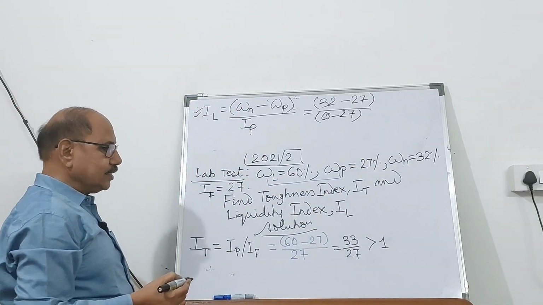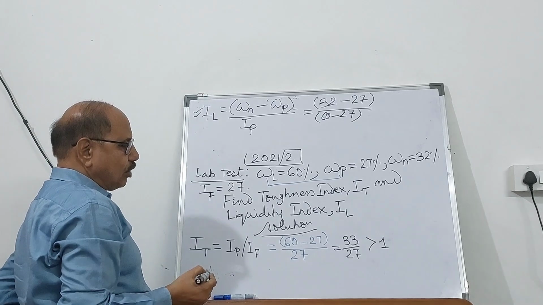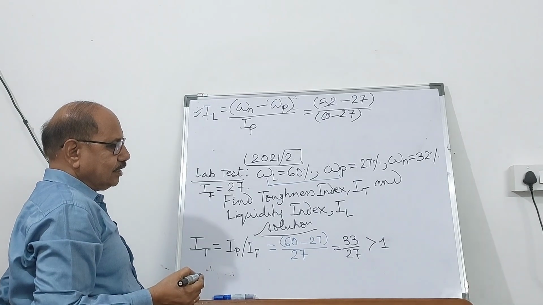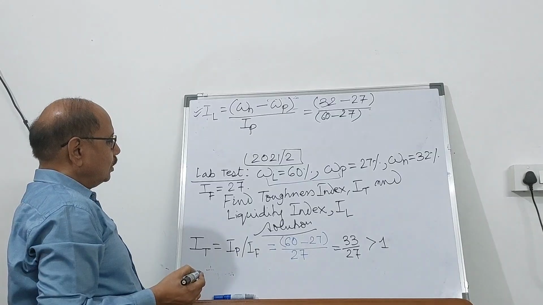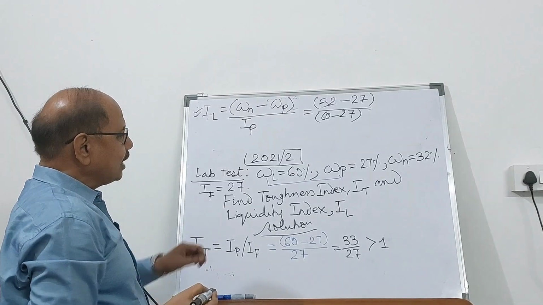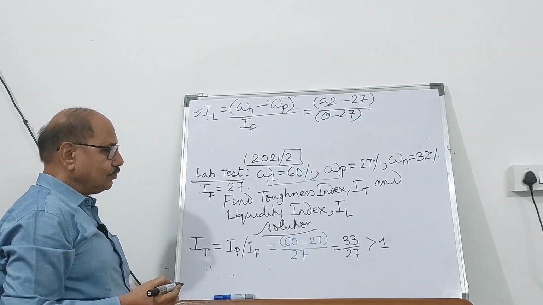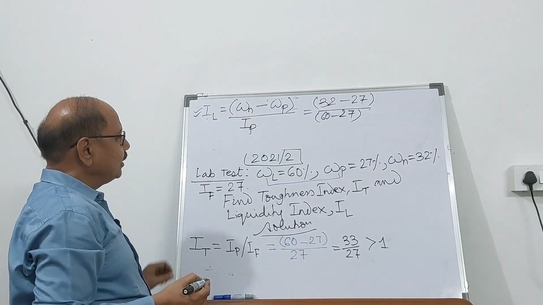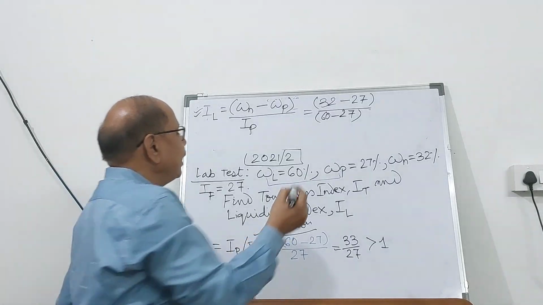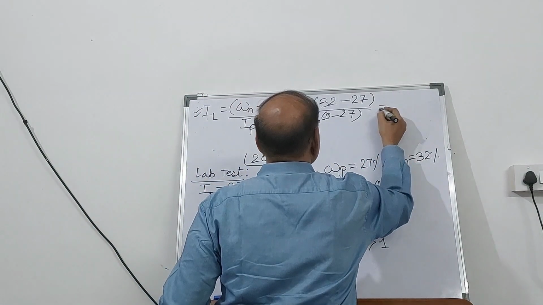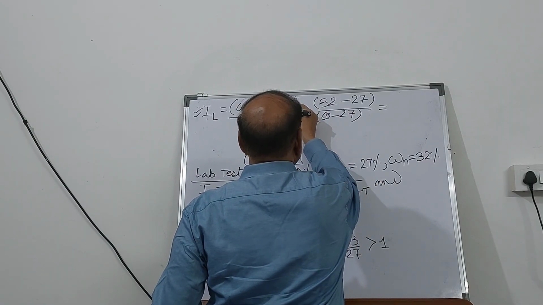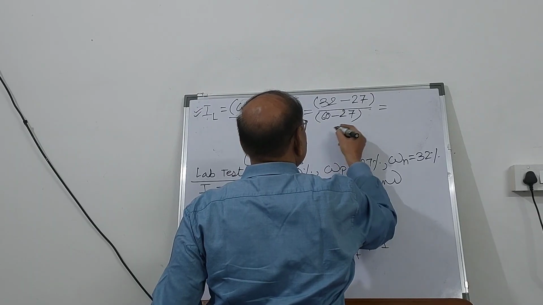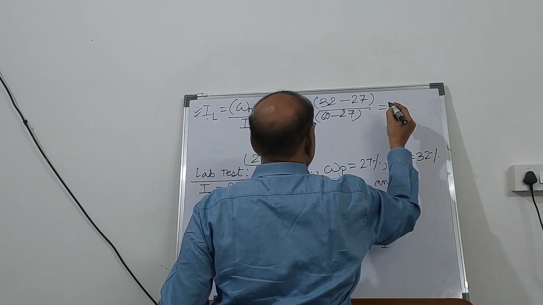So here in this problem, we know natural moisture content, we know the plastic limit, and we also know the denominator plasticity index. Therefore, it is a simple calculation: we have to substitute natural moisture content, the value of plastic limit and plasticity index.